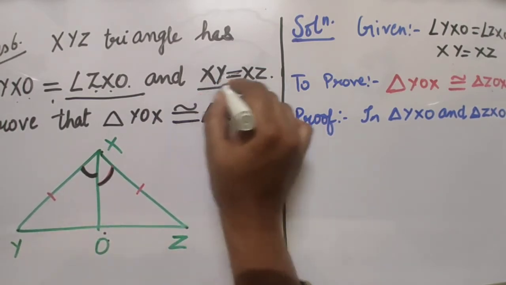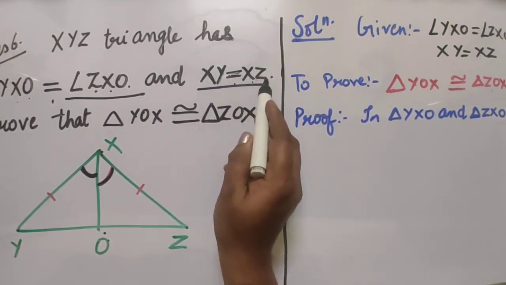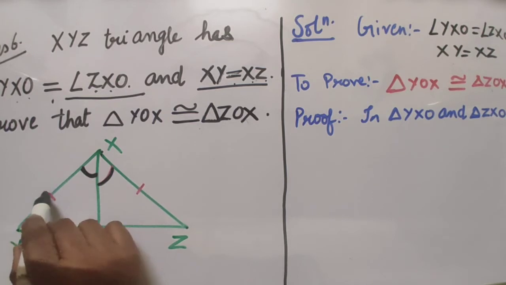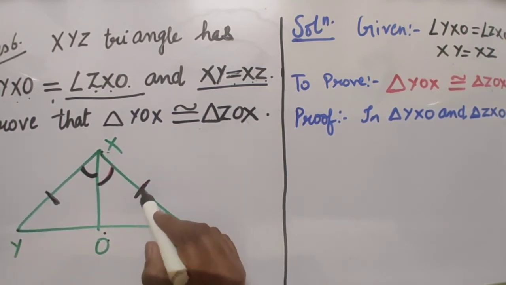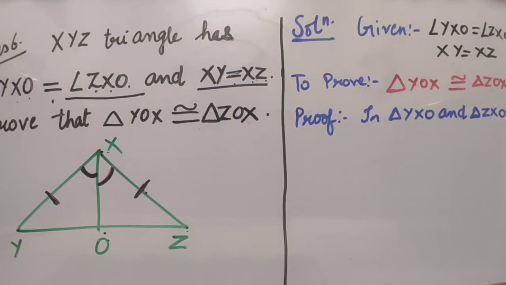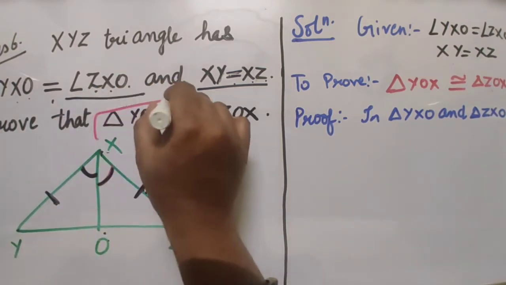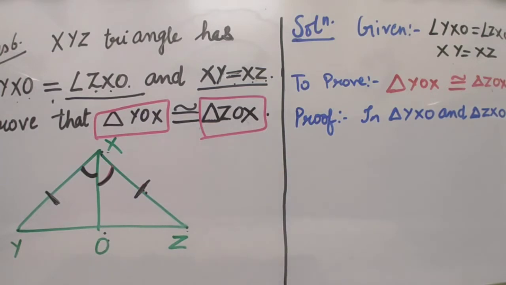Now the next information which is given in the question is XY equals XZ. So XY, that means this side, and XZ, that means this side. They both are equal to each other. So we are required to prove here that triangle YOX and triangle ZOX are congruent to each other.